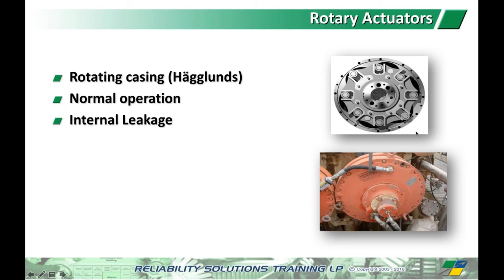And the way it works is hydraulic fluid comes in to the ports in here. That fluid is then pressurizing underneath these pistons. These pistons have a roller follower that goes against the cam shape in the casing. So as this piston extends, that roller follower follows that cam and causes torque and rotation.